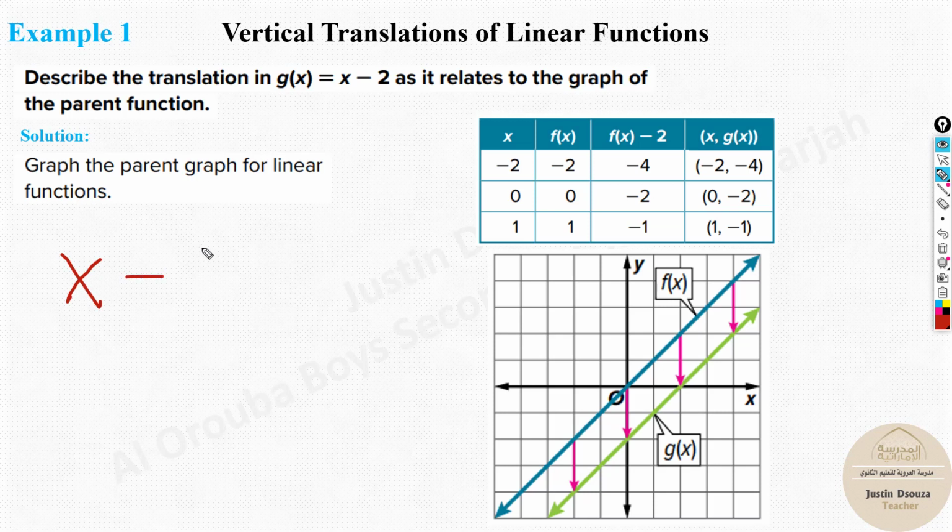If it's x minus 3, x plus 5, it's always to do with the y axis. Whereas if it was x minus 3 in brackets, you might be thinking it's the same thing, but generally whenever we have brackets, it is something to do with x. That would be the x-axis.